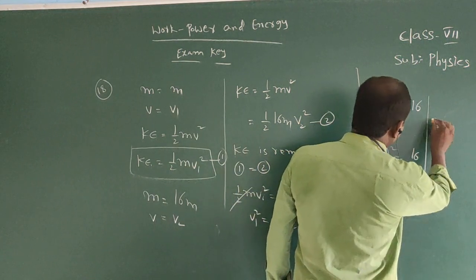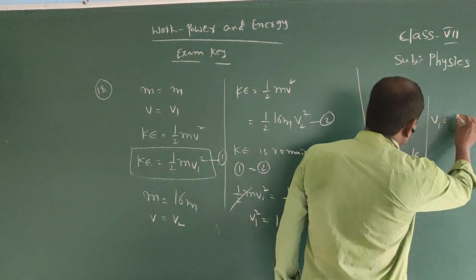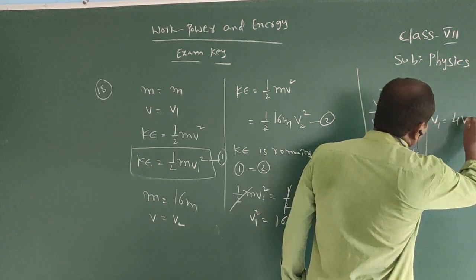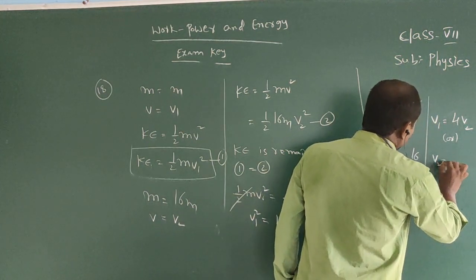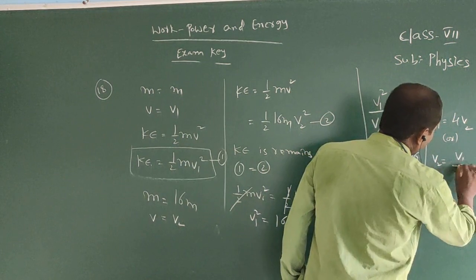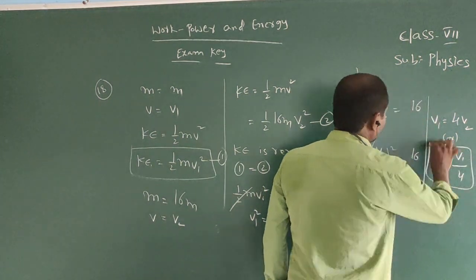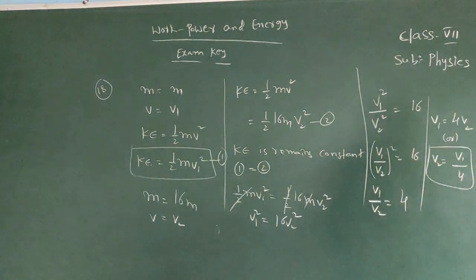So from this we can write v1 equals 4 into v2, or v2 equals v1 by 4.